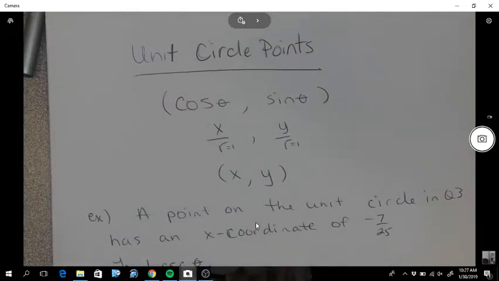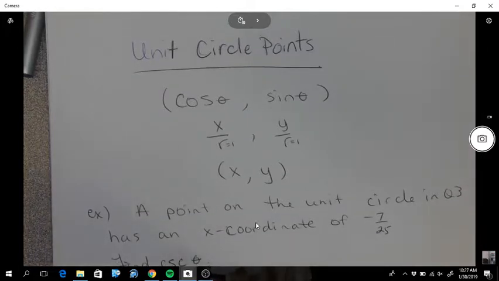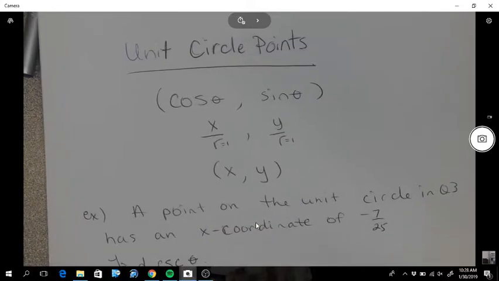Okay, so we know that cos of the angle equals x over r, which equals -7/25 over 1, or just -7/25.